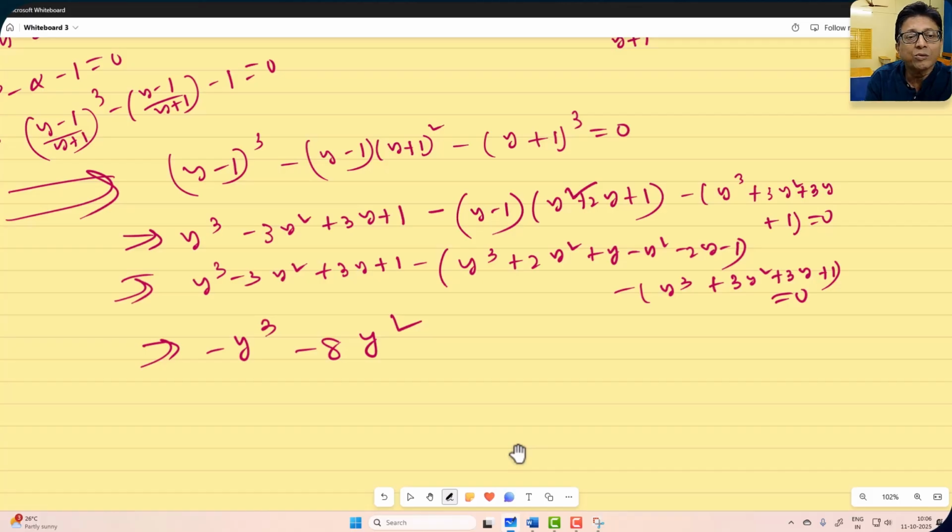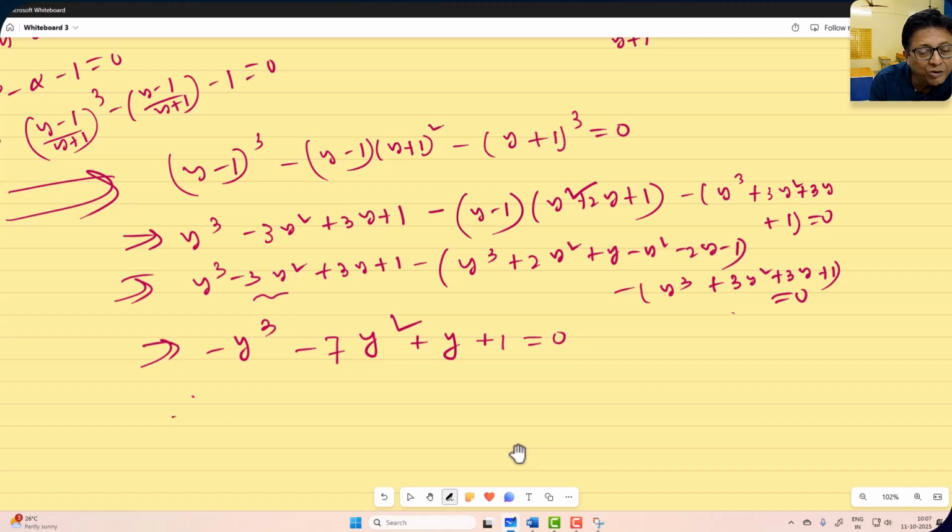This is y square, so this is going to be 7, because minus 3y square plus y square minus 4y square, minus 7y square, and 3y plus y, 4y, that plus y. Okay, and this is minus 1 plus 1 plus 1 equal to 0. Clear?